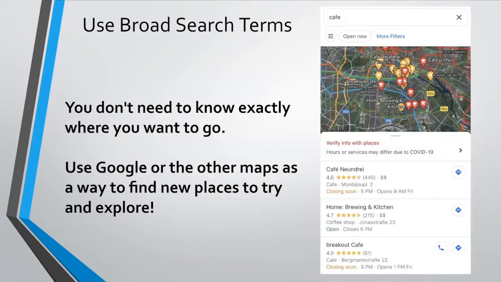So we'll just look up food, or in this place they search up cafe, and then it'll give you a bunch of food spots in the general area, and that includes their ratings, their hours, and whether they're open or not. Google Maps gives you a lot of information, and it's a super helpful tool. You can see in the graphic on the right, they're still in, I believe, Germany. I don't know. And they looked up cafe, and it gives them a bunch of cafe and restaurant options within that general area.